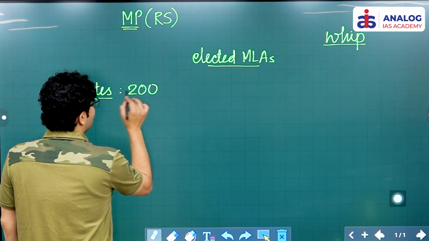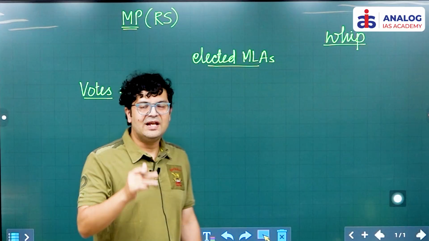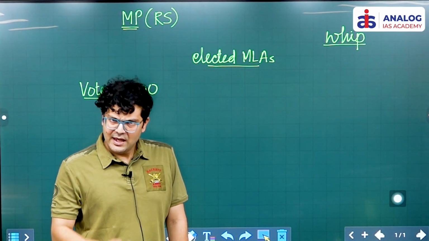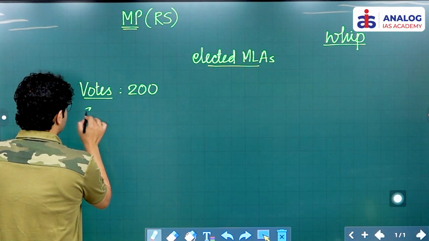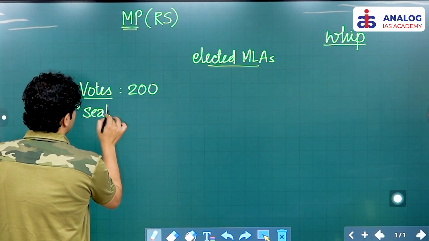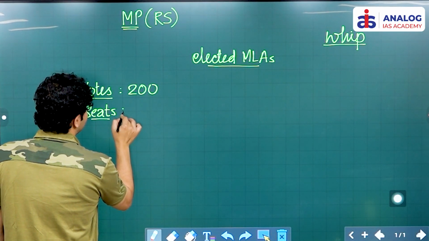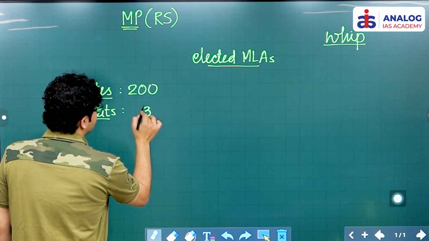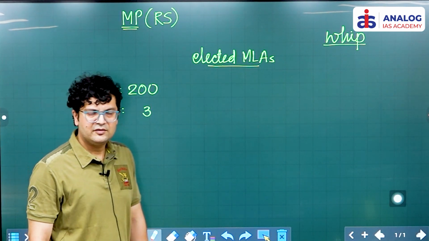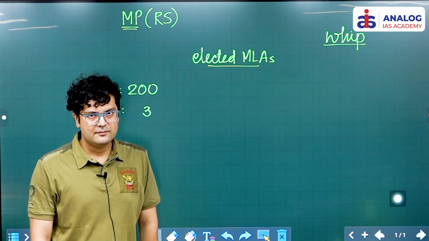This means every MLA will cast his vote, so we'll have 200 MLAs. And say the number of seats available for election in that state is maybe 3. Okay, this means 3 seats are up for election.